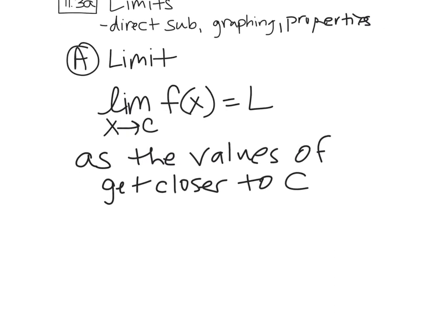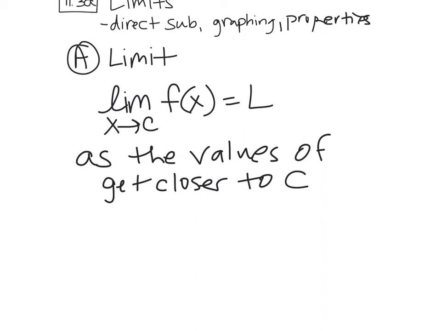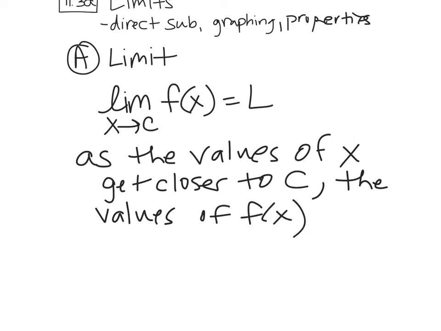As the values of x get closer to c, the values of f of x, so like the y values, approach L. Now that's going to be the most important word in this informal definition of a limit.